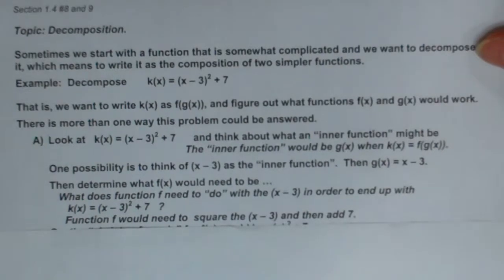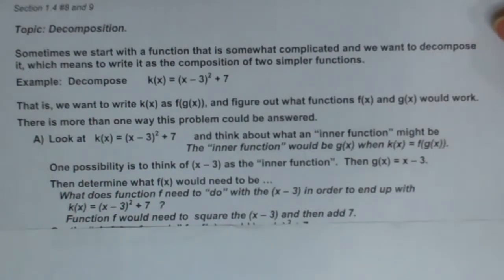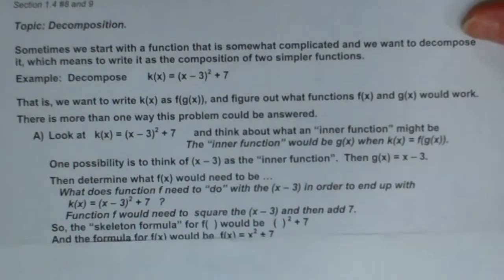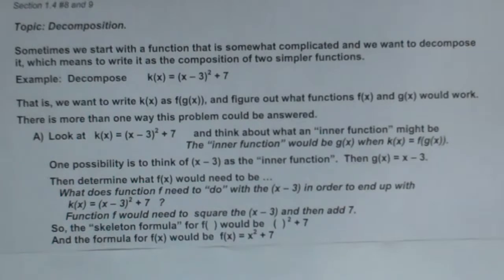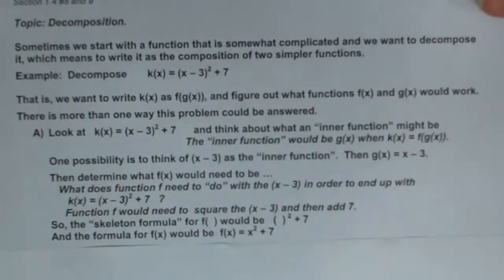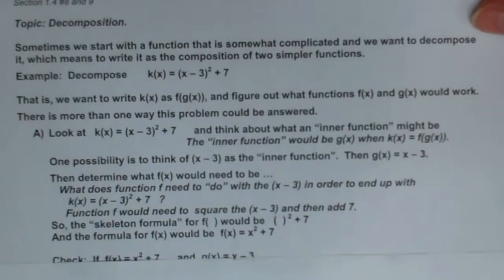The function f would need to square that expression and then add a 7. So a skeleton formula for f would be that its input value is squared and then a 7 is added. That means that f of x equals x squared plus 7.